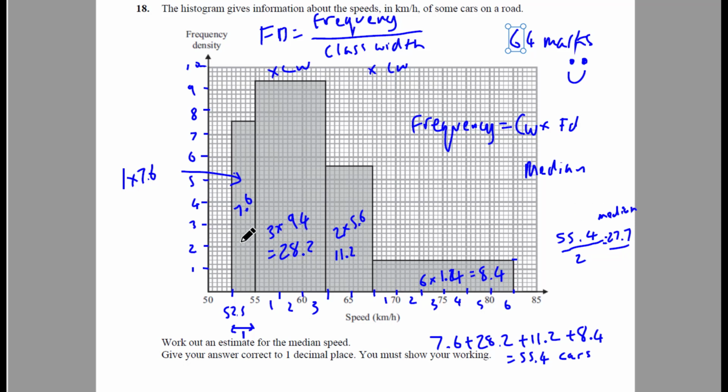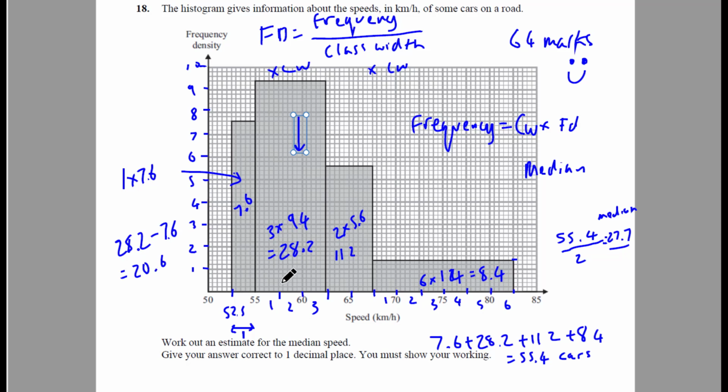So that's 7.6, add 9.4, the median car, 27.7th car must be somewhere in here, because that's 7.6, add 28.2, so let's do 28.2 minus 7.6 to get 20.6.